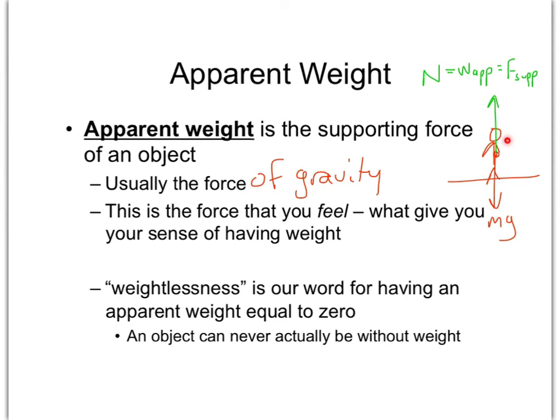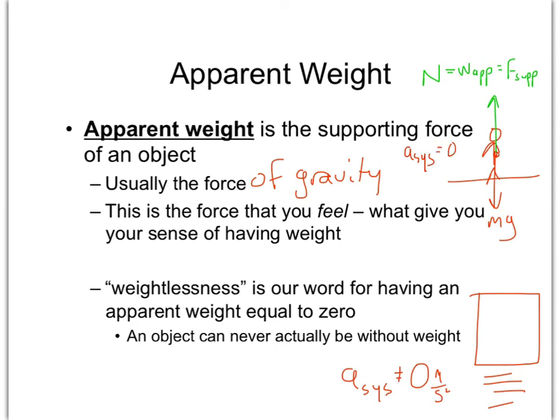Change colors. So your system is moving up, okay? The acceleration of your system equals, I don't know, not 0, right? Here, your acceleration equals 0. You can set everything equal to 0.